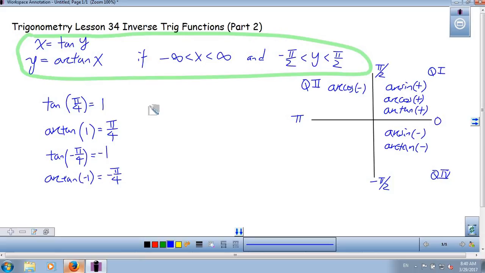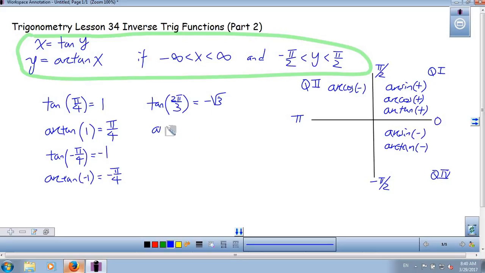However, if I do, let's say, tangent of 2 pi over 3, tangent of 2 pi over 3 is negative square root of 3.